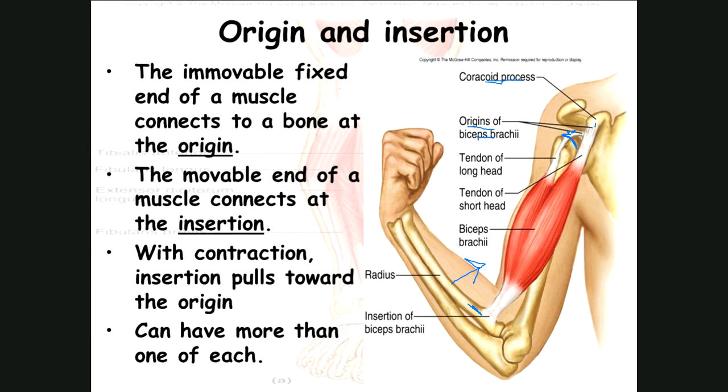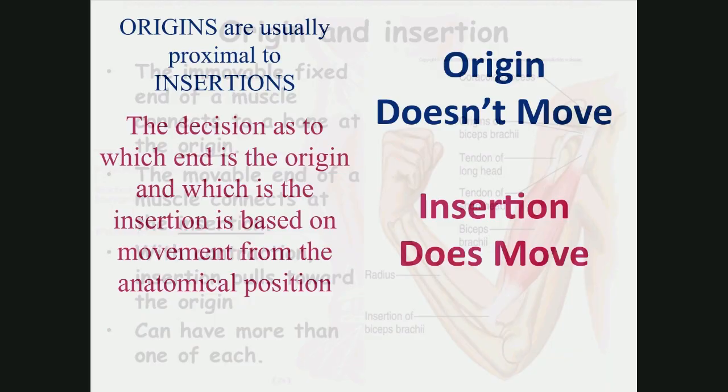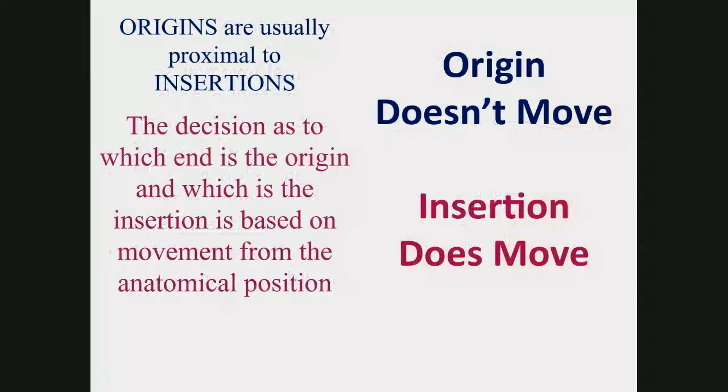And the action is elbow flexion. So origin is the immovable part of the muscle attachment. The insertion is the attachment of the movable part. So make sure we understand the difference. The origin does not move, the insertion moves.